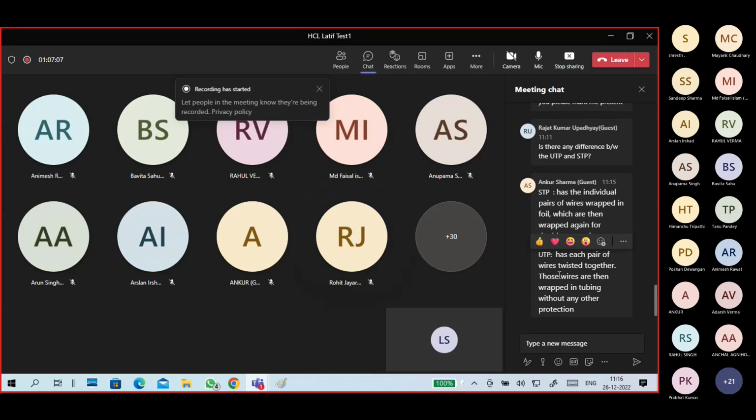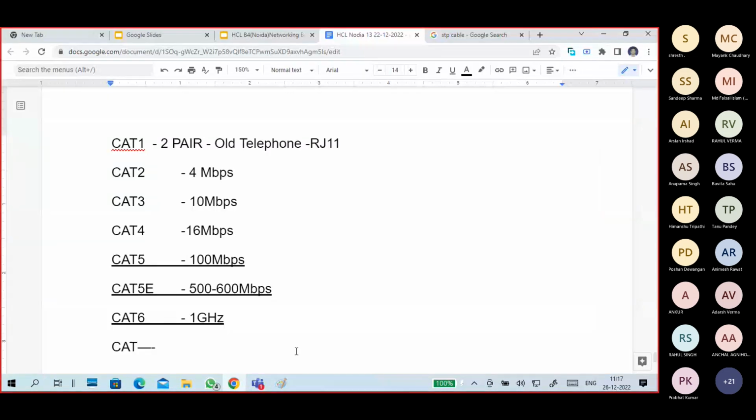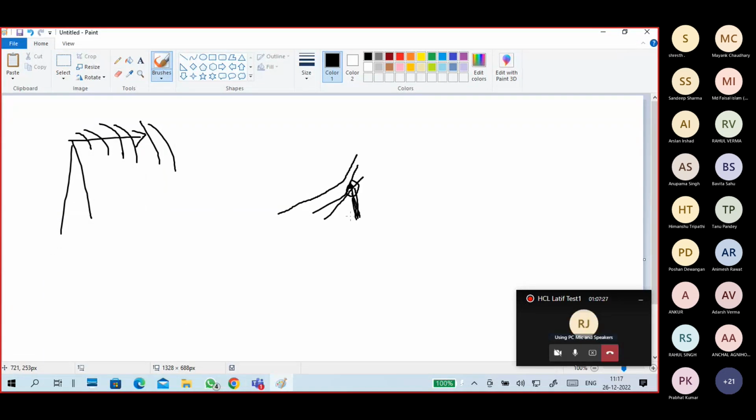Each pair of wire is twisted together. Those wires are then wrapped in tubing without any other protection. Yeah, that's right. In the cables, you can see there are wires, and these wires are twisted with each other. Twisted pair cable means the pair of wires twist each other.